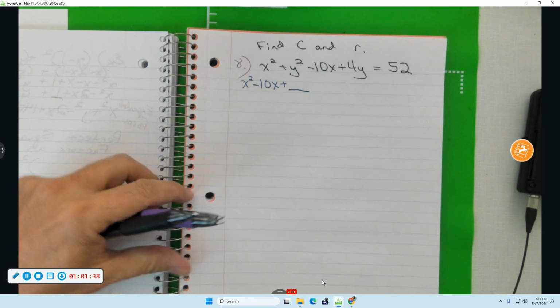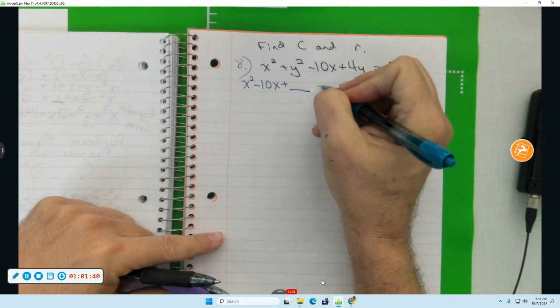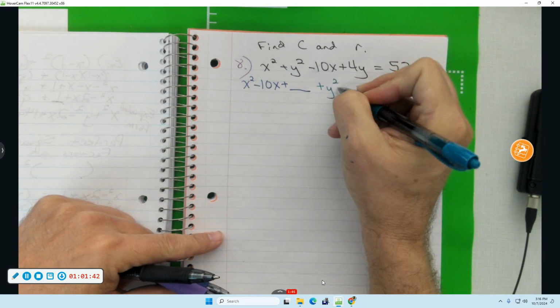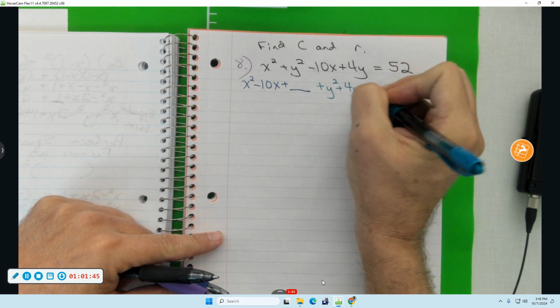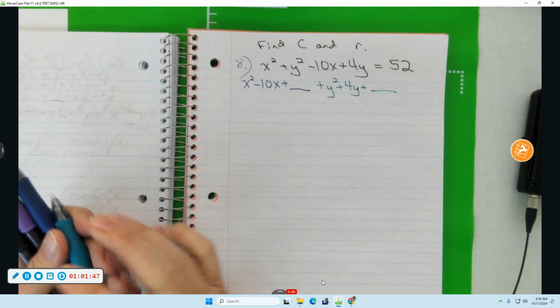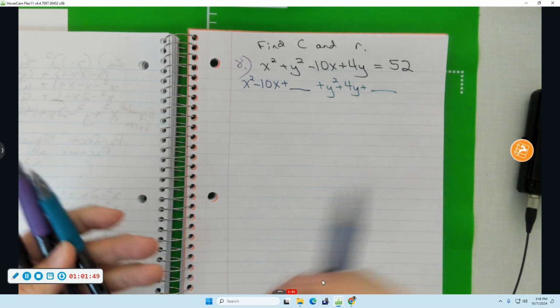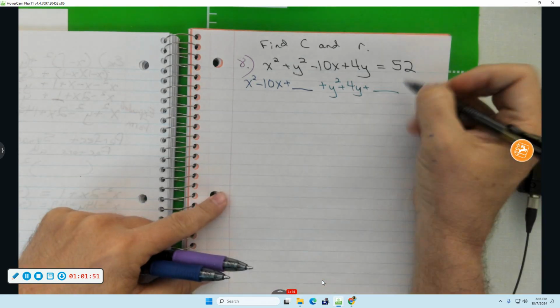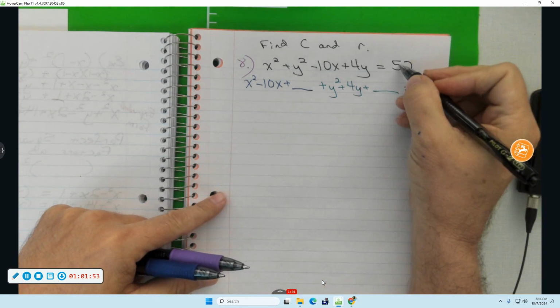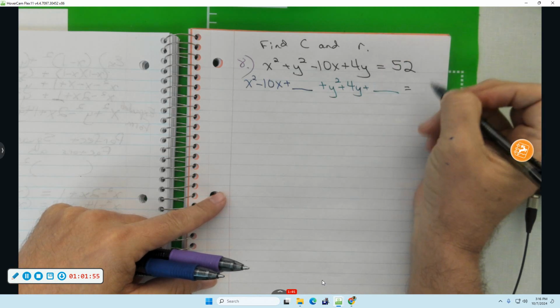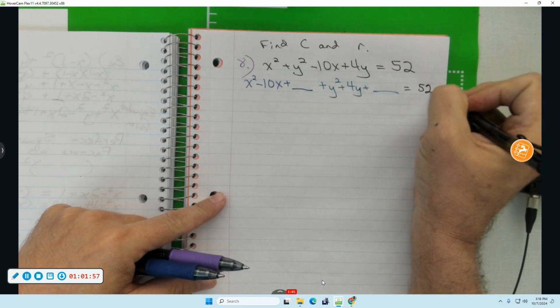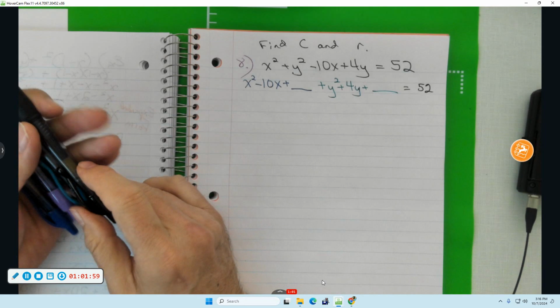And now we'll group the y terms together. Y squared plus 4y plus space. And if our constant term had been over on the left, we'd move it over to the right. Fortunately, it's already on the right for us.